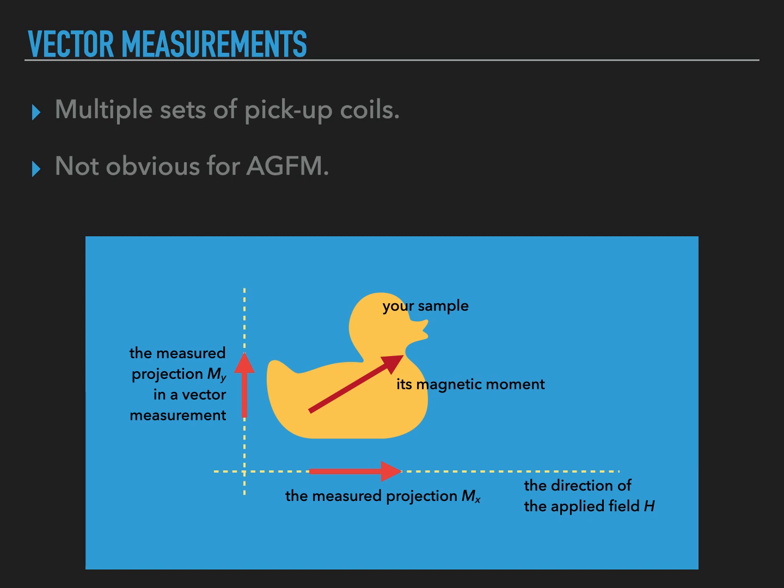So far, we have treated the magnetic moment measured by the magnetometer as a scalar quantity, but as you know, it is a vector. The trick is that the magnetometers measure the component of the magnetic moment parallel to the direction of the applied magnetic field. So, since they measure one component, that is a scalar quantity. But some magnetometers, normally VSMs, because for AGFMs it's not so obvious, you can add a second set of pickup coils to measure at least two components of the magnetization vector along two orthogonal directions.